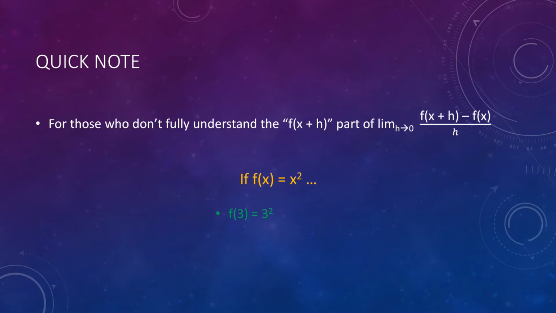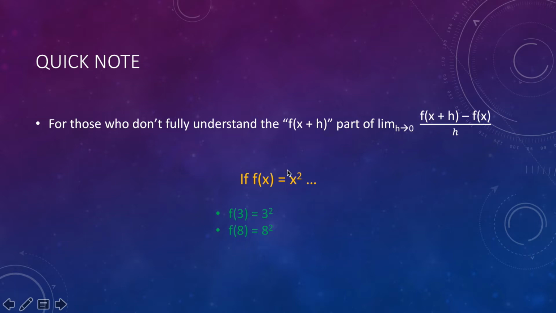So let's just say that we have a function f of x equals x squared. Now if I told you to plug in 3, all you do is replace everywhere where you've seen x with a 3. If I told you to plug in 8, you just replace everywhere you see an x with 8.